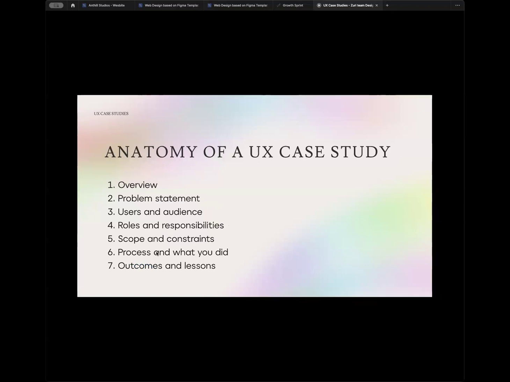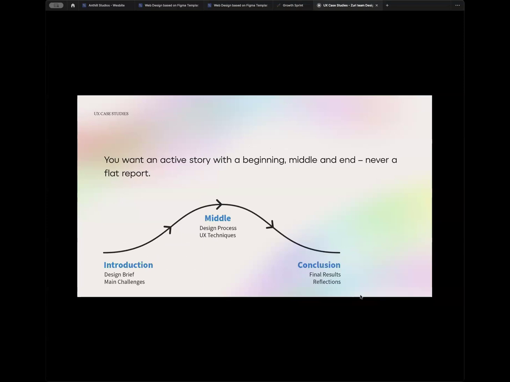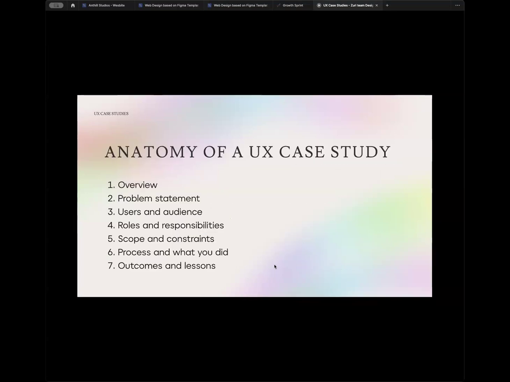Tell us exactly what you did, why you did it, what the goals are, what you learned. And then you talk about number 7, which is outcomes, lessons, and conclusions. Actually, part of your outcomes can even come under the process, because you're telling us what you did, what the goal was, and what the result was.